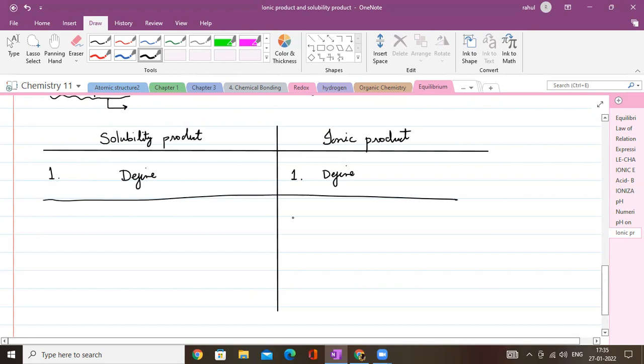The second point which I have to take up right now is that solubility product is applicable for a saturated solution, and of course when the salt is sparingly soluble.